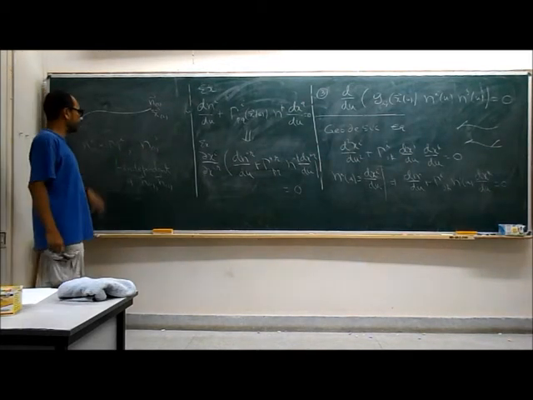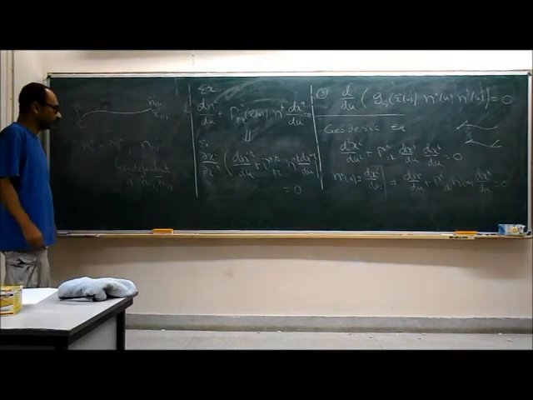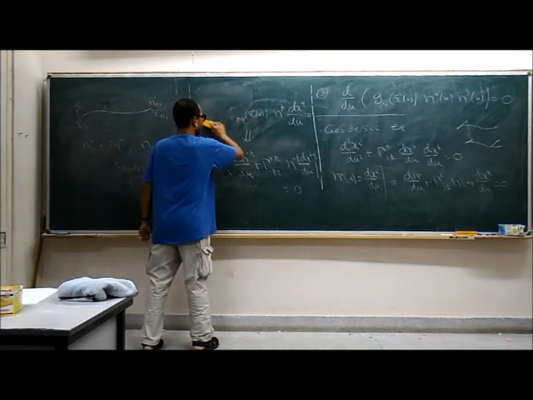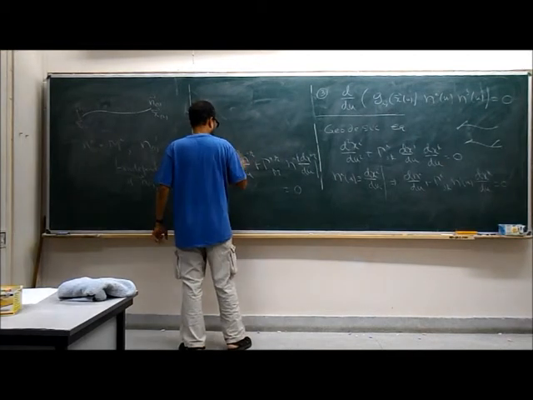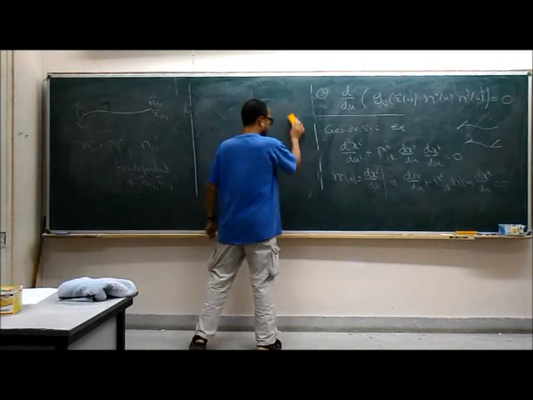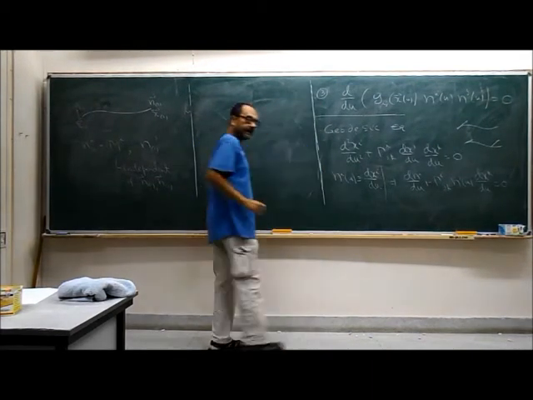So what can this matrix depend on? It doesn't depend on n1 and n2, but what can it depend on? In a given spacetime, suppose we are given a Riemannian manifold, it will of course depend on the metric, but let's forget about that dependence and suppose I fix the Riemannian manifold and the metric.